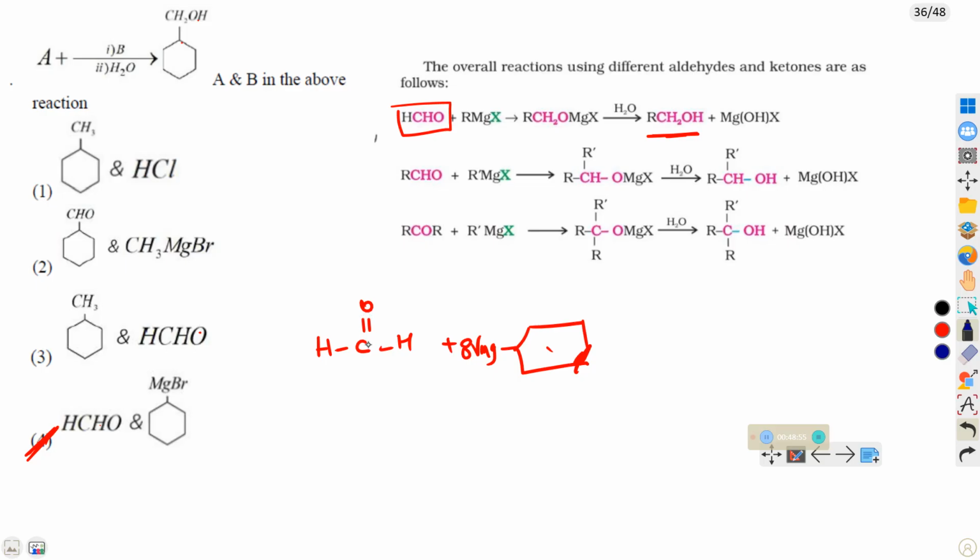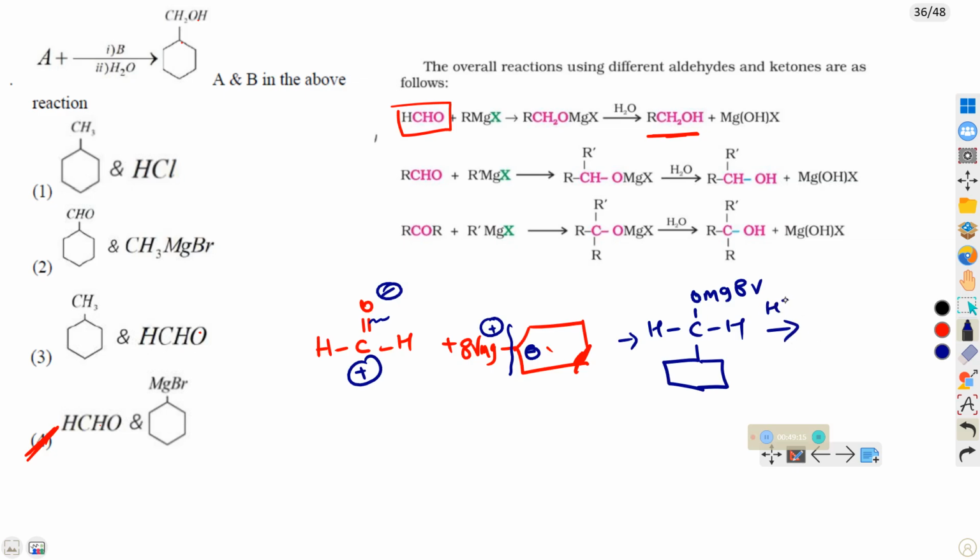Break the bond between carbon and oxygen: oxygen gets a negative charge, carbon a positive charge; the carbon of the Grignard gets a negative charge and MgBr a positive charge. Then it gives H2C(ring)-OMgBr, which on hydrolysis with H⁺/OH⁻ removes MgOHBr, giving CH2OH.